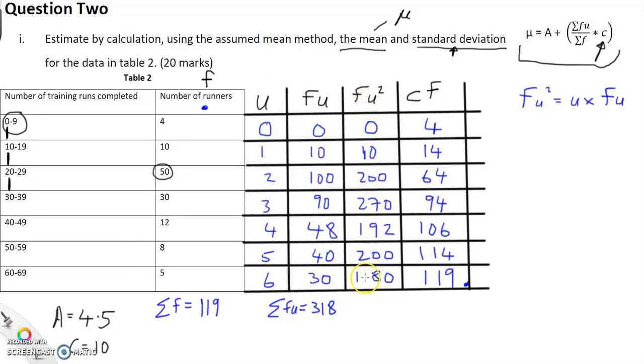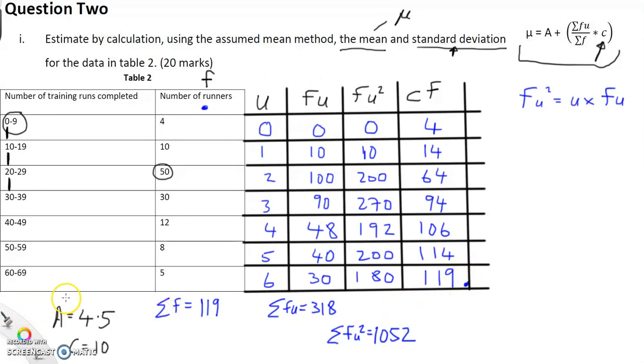We add up all these: 0 plus 10 plus 200 plus 270 plus 192 plus 200 plus 180 equals 1052. So sigma FU squared equals 1052. And now we're ready.